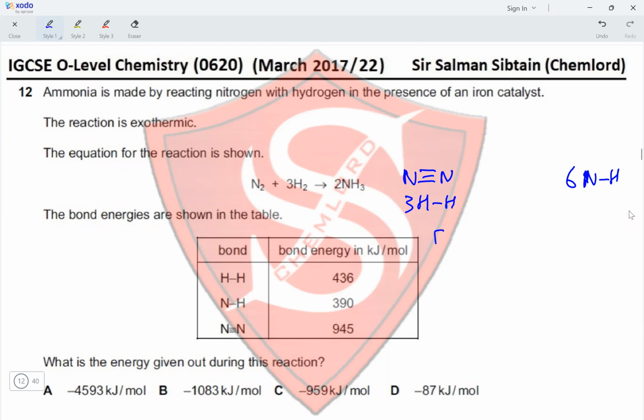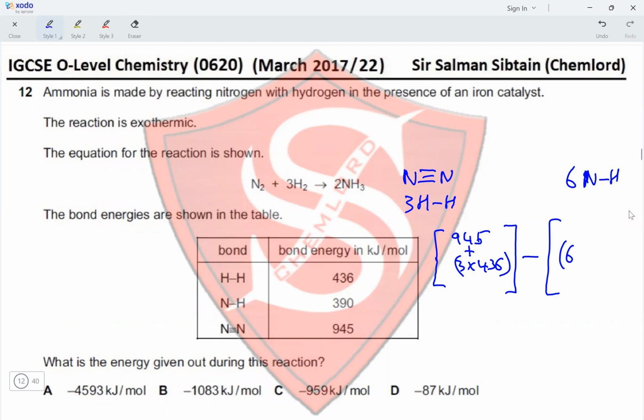So the values would be, we have 945 plus we would have 3 into 436. So this would be the energy required to break the bonds. And we subtract from this the energy given off when bonds are formed.